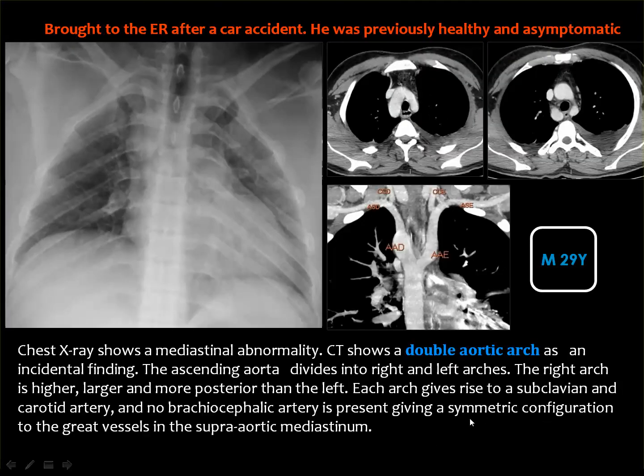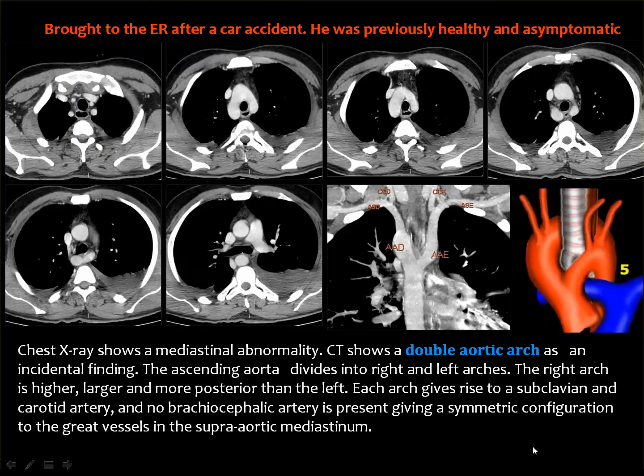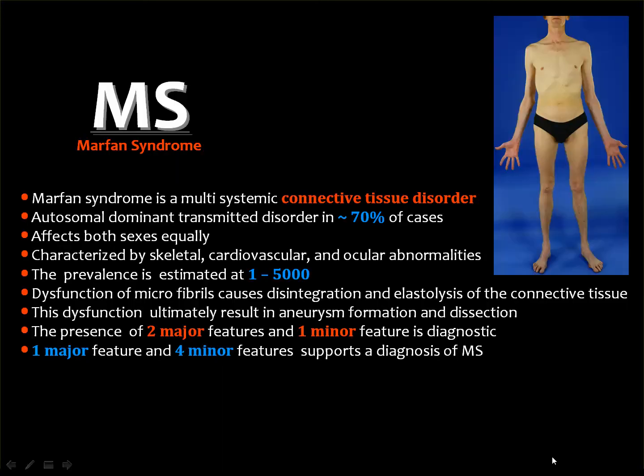And this is an example of double aortic arch. In the chest X-ray, you get broadening of the mediastinum only, but in the CT scan and the reformatted images, you can see that there are two arches of the aorta, and you get these vessels on the left side, like the similar vessels on the right side.